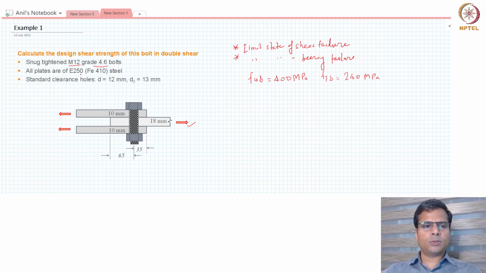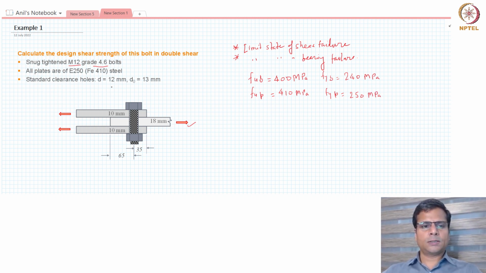The plate is given to be E250 or Fe410 steel, which basically means that Fu for the plate is equal to 410 MPa, and Fy for the plate is equal to 250 MPa.